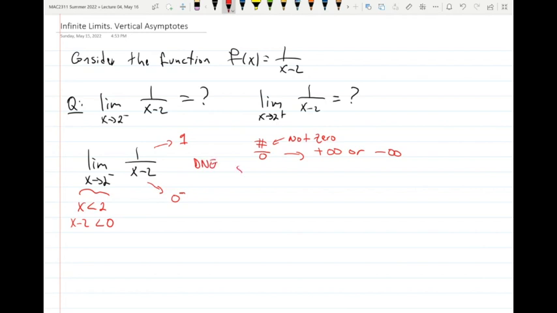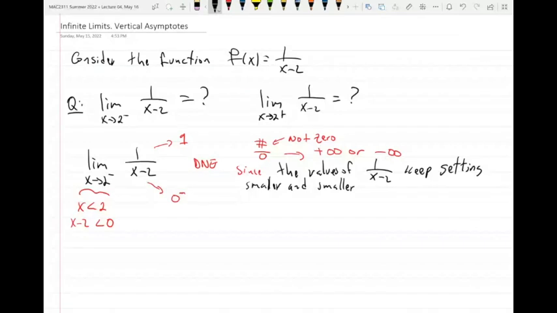Okay? So in this case, we say that the limit does not exist. Let me say this: does not exist since the values of 1 over x minus 2 keep getting smaller and smaller.